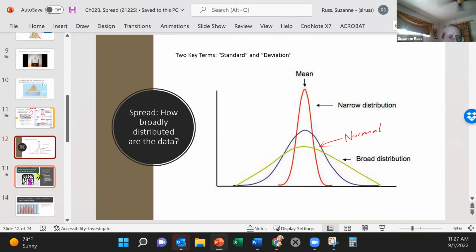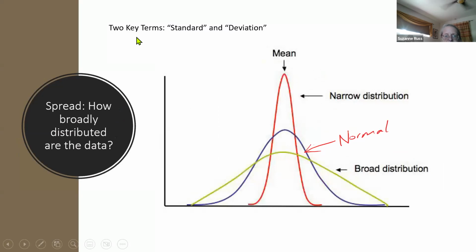So I have a question for you. I'm going to be introducing to you two terms today in metaphorical ways so that you really understand the terms. And I'm going to start by talking about deviation.